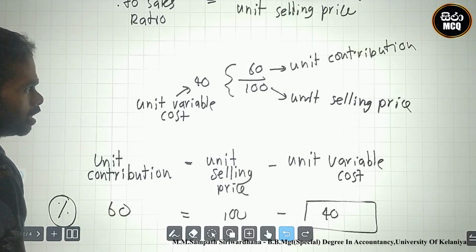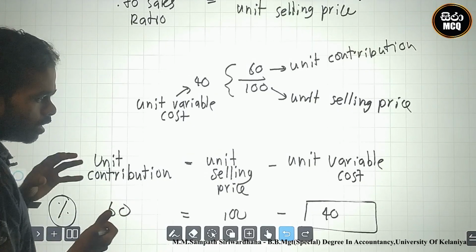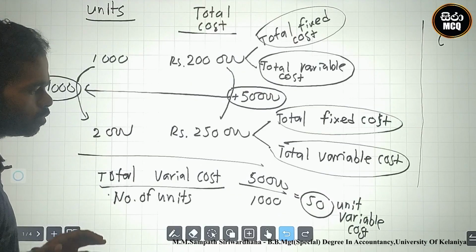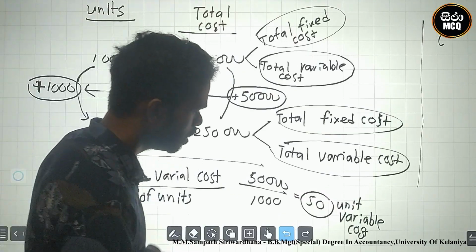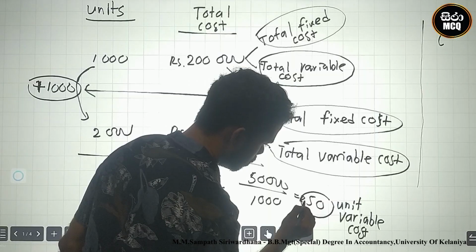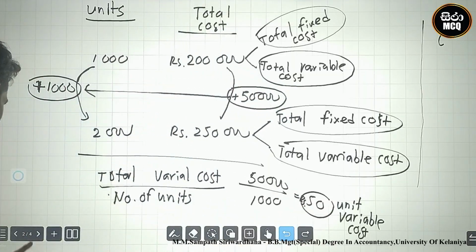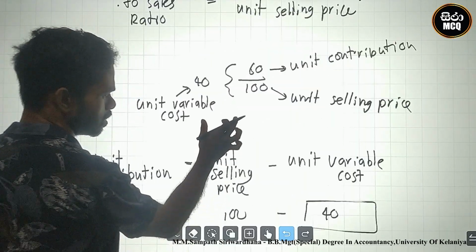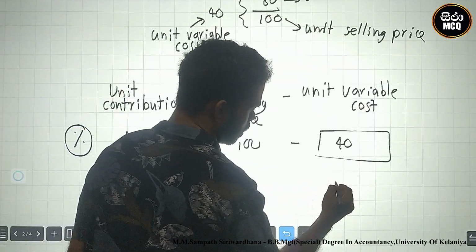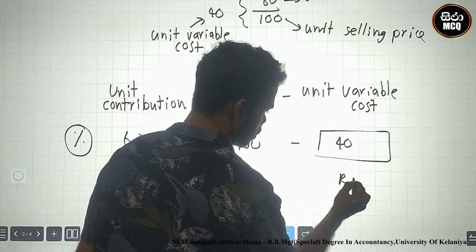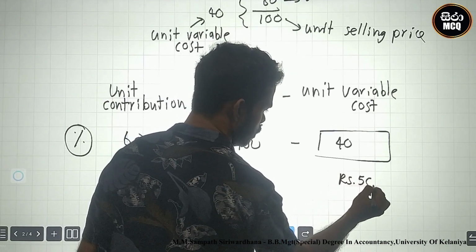Okay, after that we connect this information to the actual information. What is then the actual information? Only one is given. Rupees 50 is the unit variable cost. The actual unit variable cost is rupees 50.